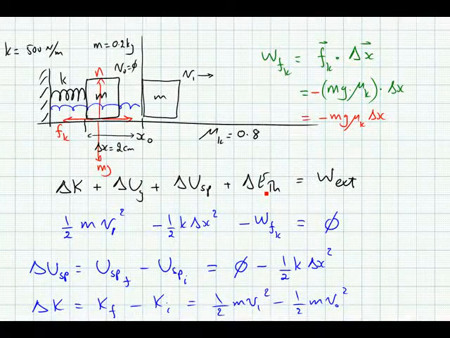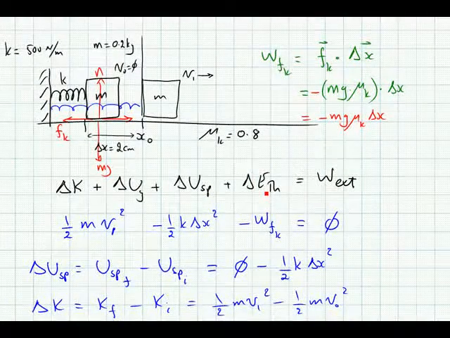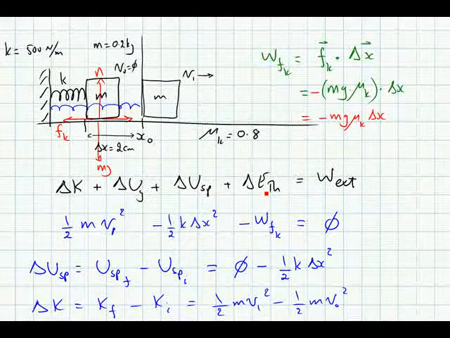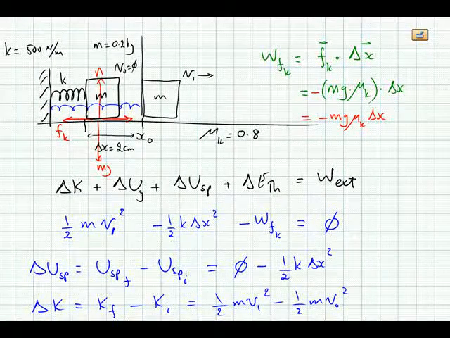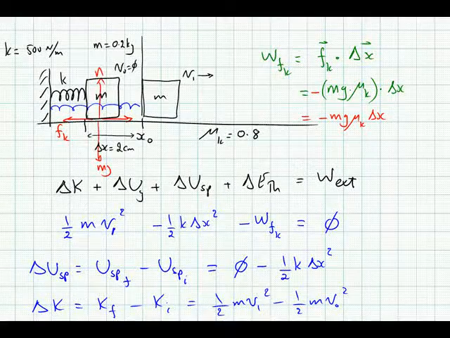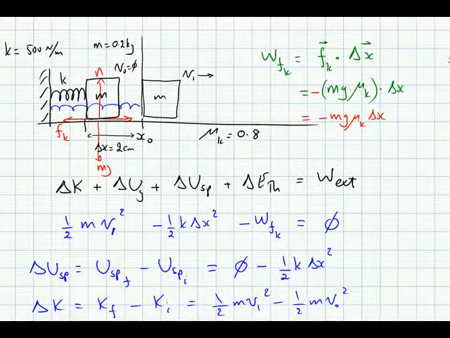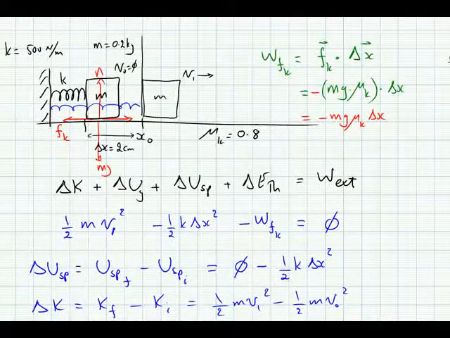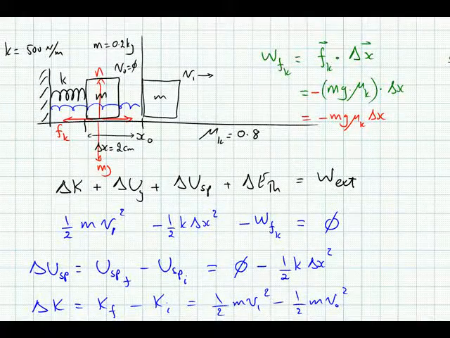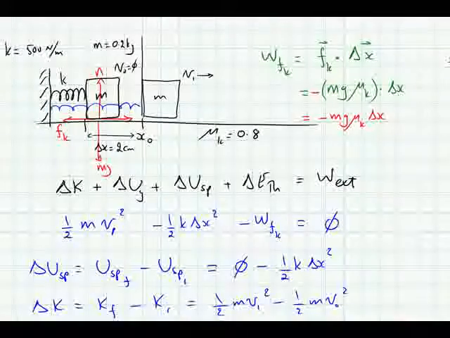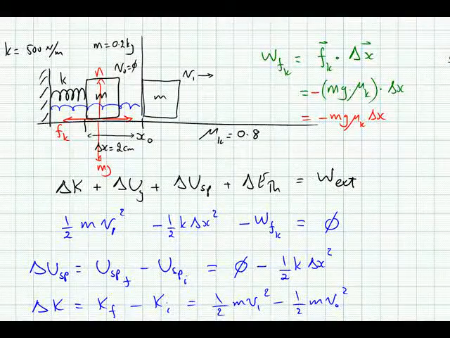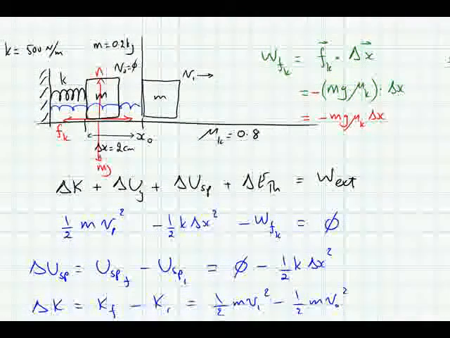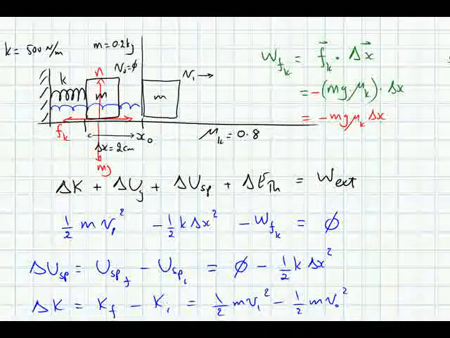Alright, the last example I want to go through involves a spring force. So let me choose a suitable pen. What we have here is an object M resting on a horizontal surface, and the object M is pressed against the spring.